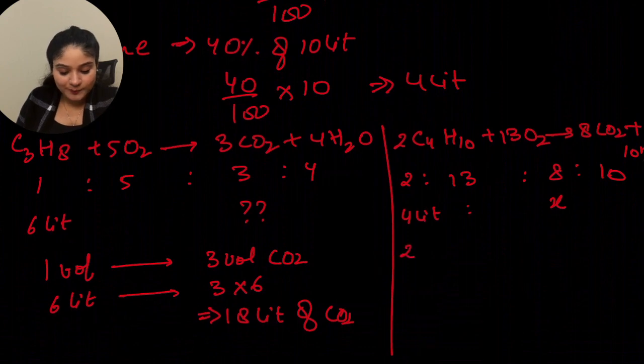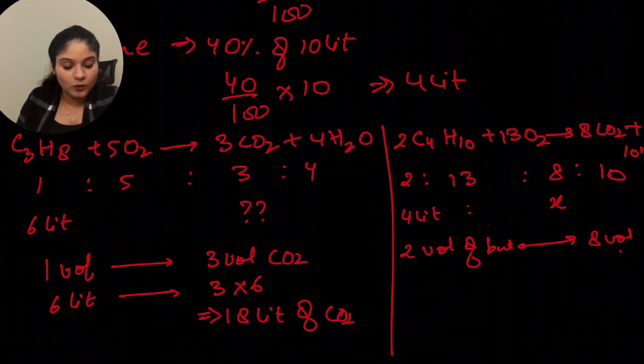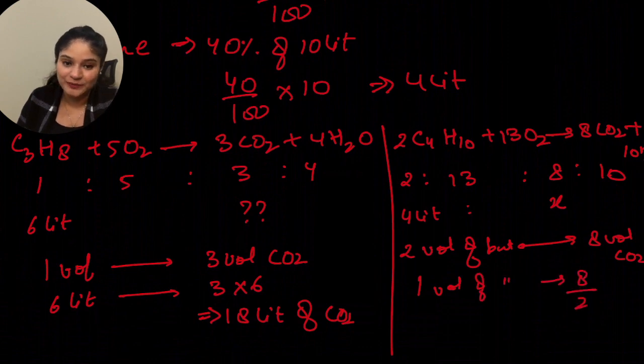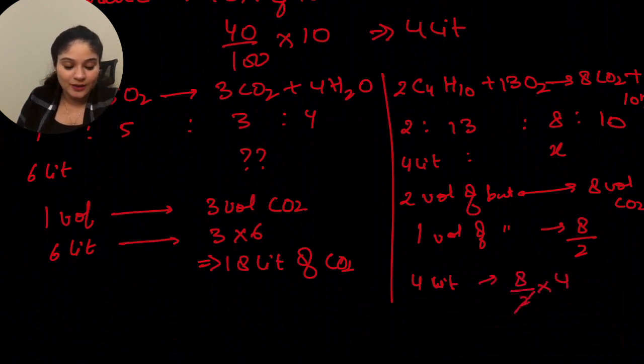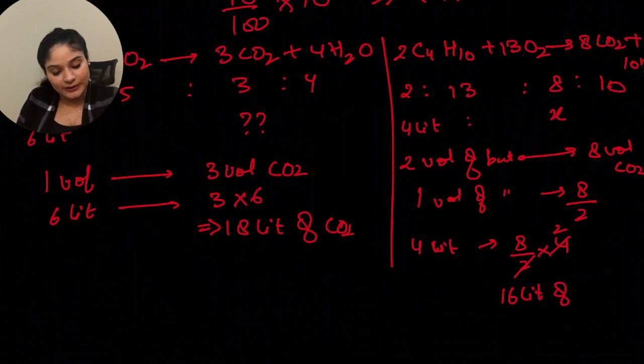So 2 volume of butane gives you 8 volume of carbon dioxide. That means 1 volume of butane will give you 8 by 2, and then 4 liters will give you 8 by 2 times 4. So you'll get 16 liters of carbon dioxide.